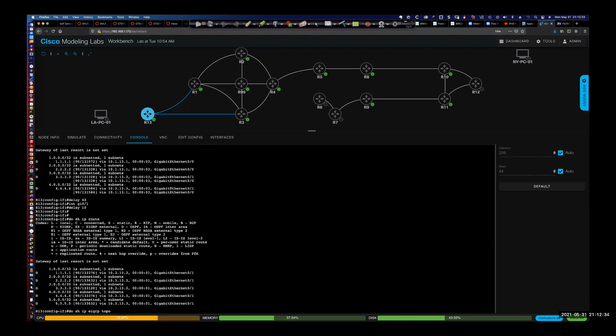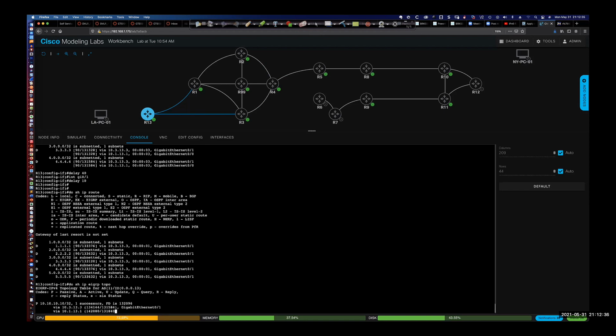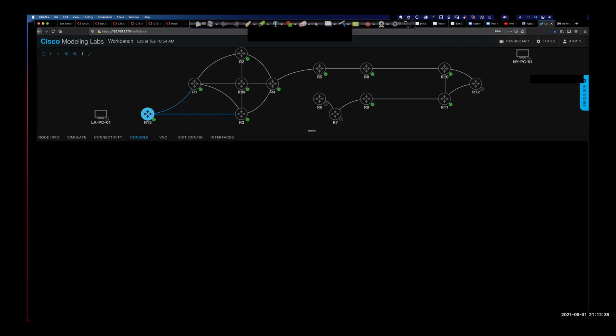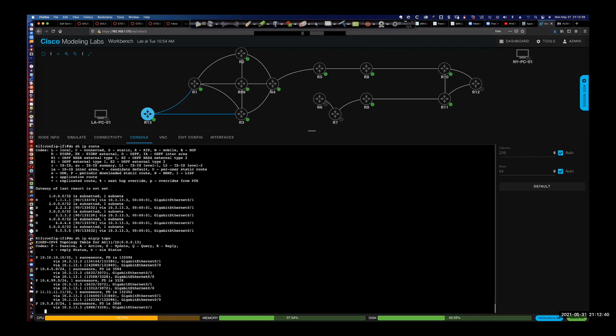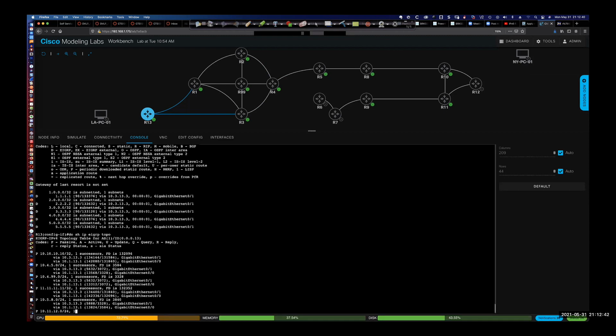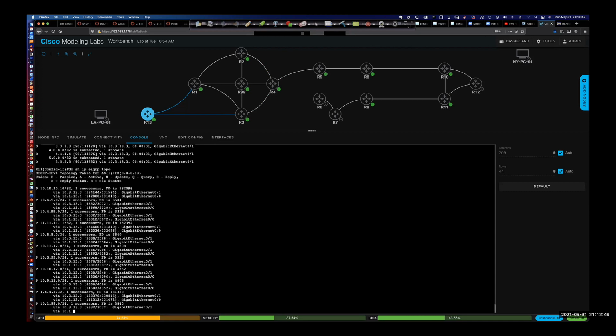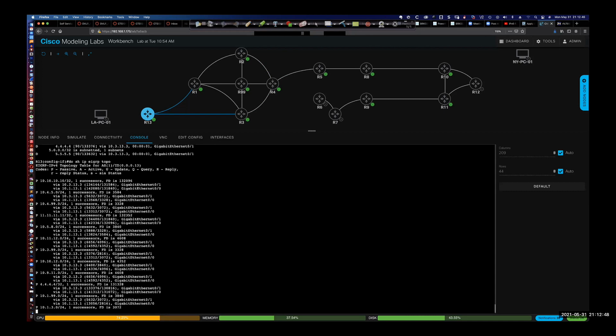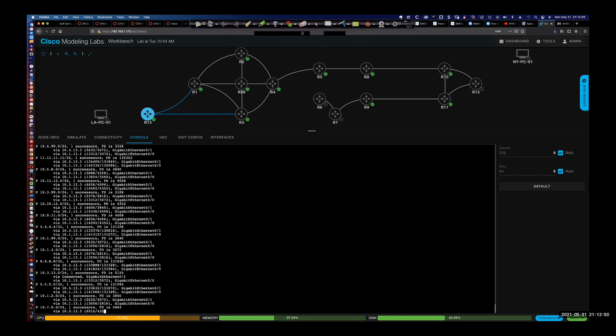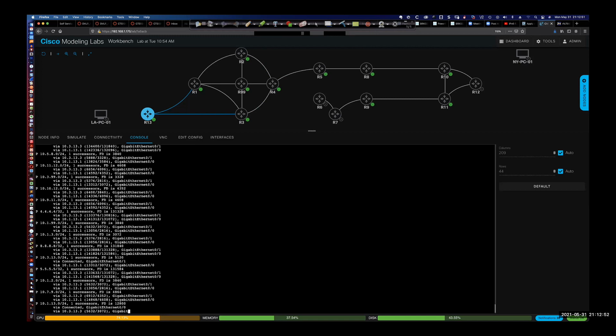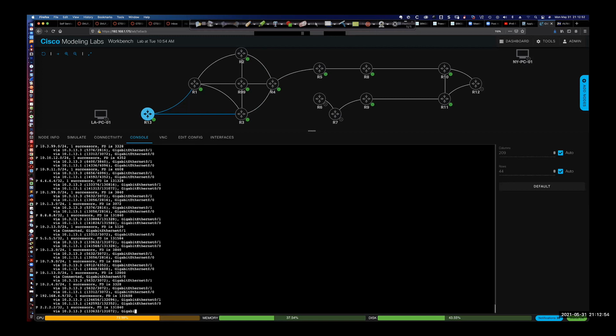And let's check out the 4444, and let's see, it should show me. And there it is. All right, so you can see we have a successor and we have a feasible successor.